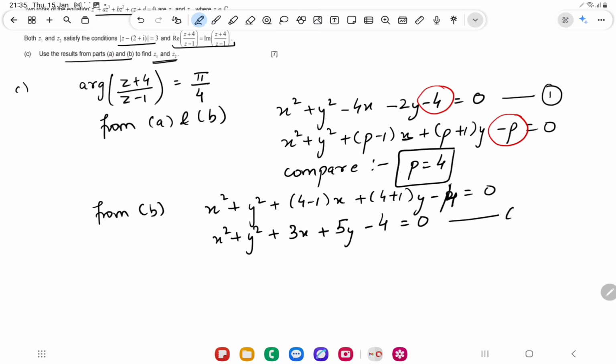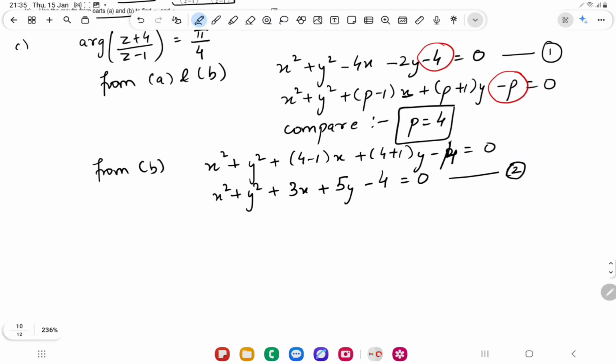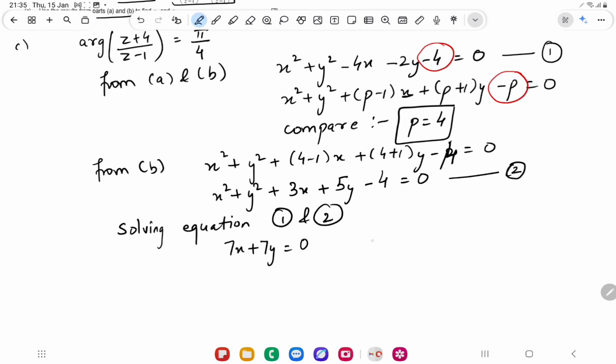I will name it equation number 2. Now on solving equations 1 and 2, I can subtract them and I will get 7x minus 7y equals 0, and I can take 7 common.